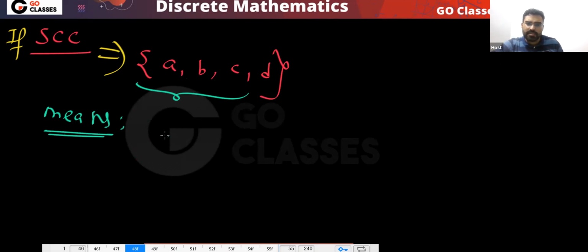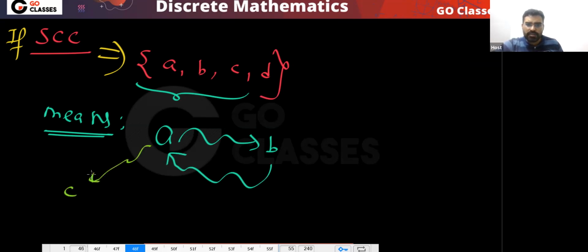It simply means there is a path from A to B, and there is a path from B to A. Similarly, there is a path from A to C and from C to A. Similarly, there is a path from B to C and from C to B. And similarly, there is a path from C to D, and from D to C. So this is the idea.